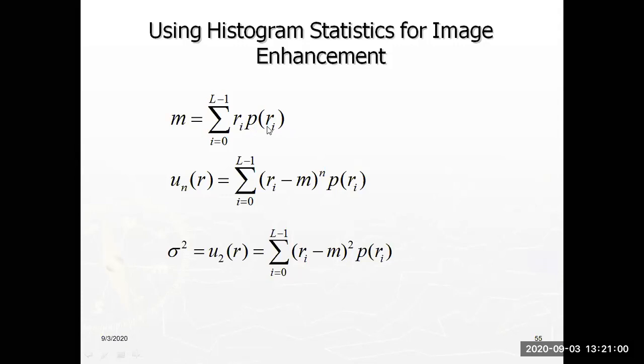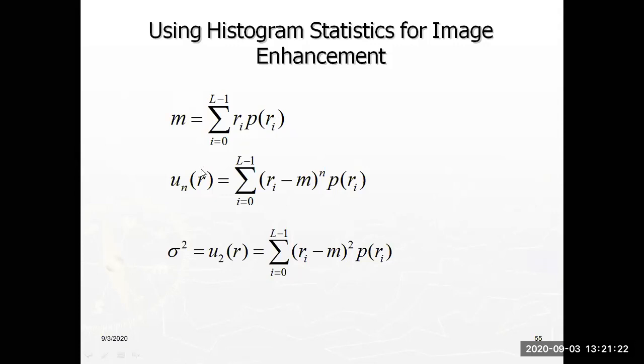It is the probability of a particular pixel value having the intensity value of R suffix i. So how many pixels have the same intensity value of R? With this expression we can calculate the mean value of an image.